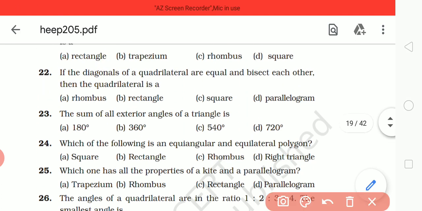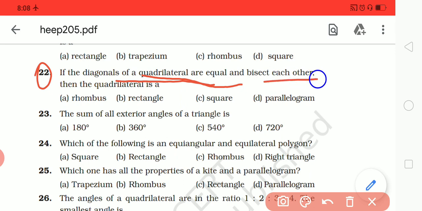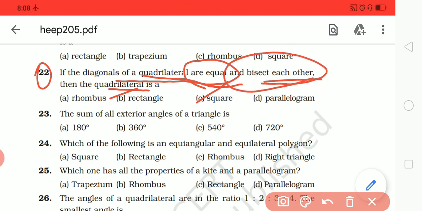This is what we have given: if the diagonals of the quadrilateral are equal and bisect each other. Diagonals are equal in a square and a rectangle, and in both they bisect each other, so the quadrilateral can be a rectangle or a square, right? If the diagonals are also at right angles, then it is a square; otherwise both can be there.